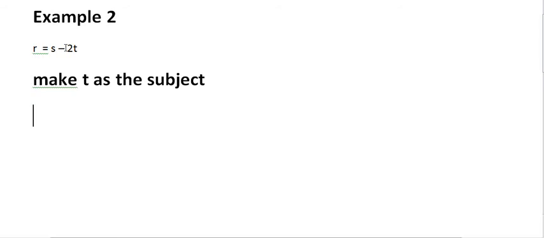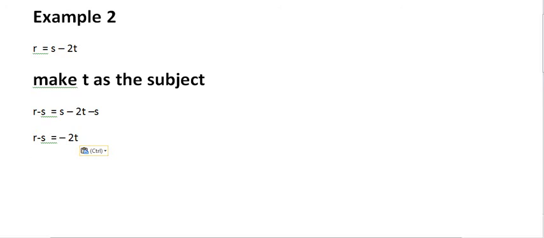So just remember, whatever you do to the right hand side, you do the same to the left hand side, which means if I subtract s from here, I have to subtract s from the left hand side as well. So when you subtract s from both the sides, you get r minus s is equal to minus 2t.